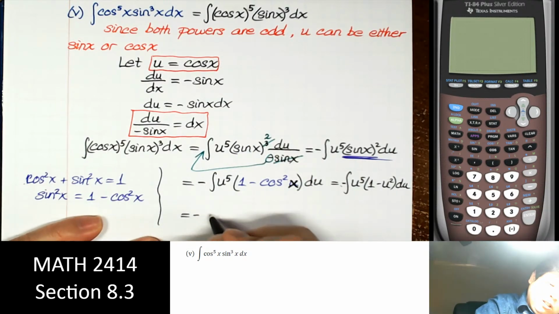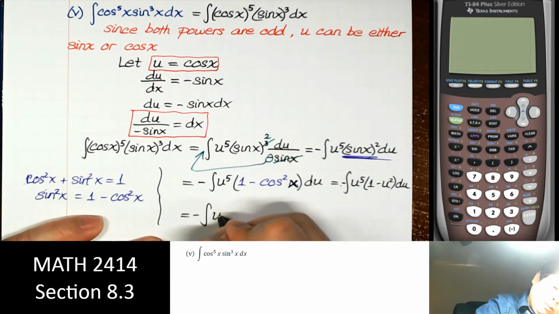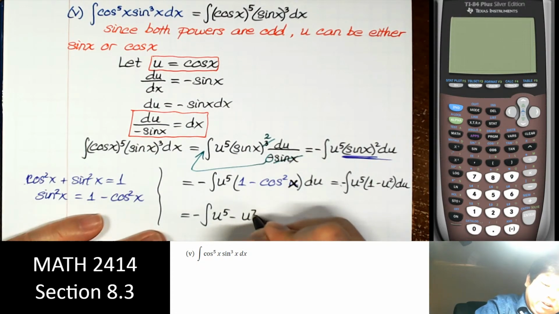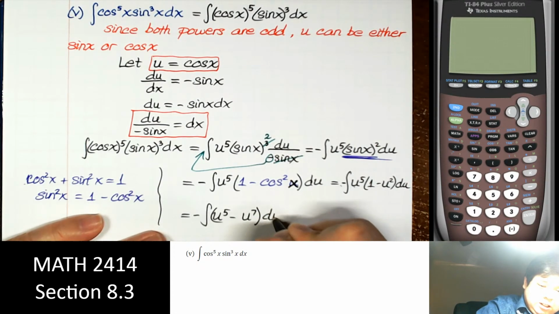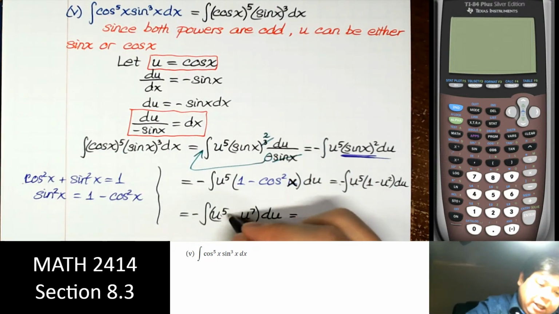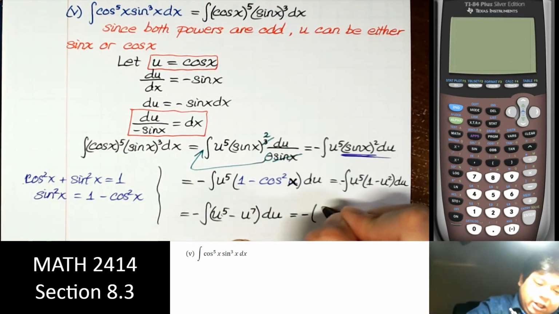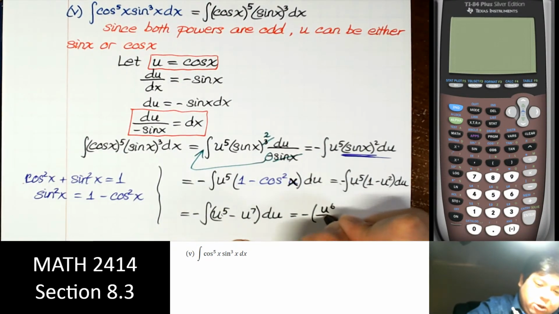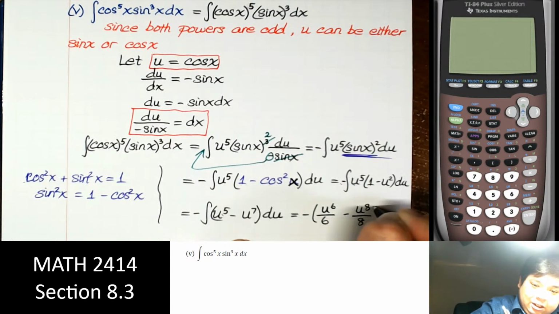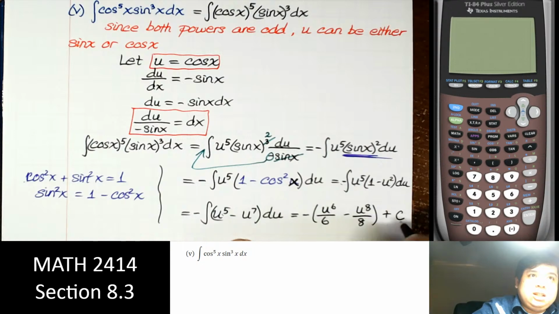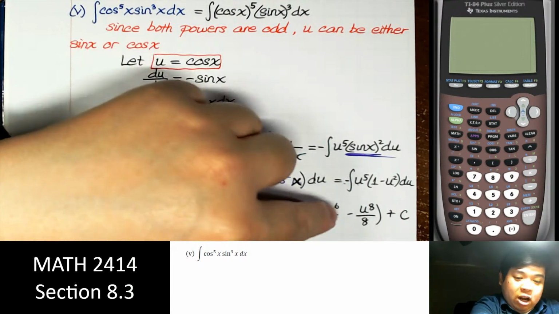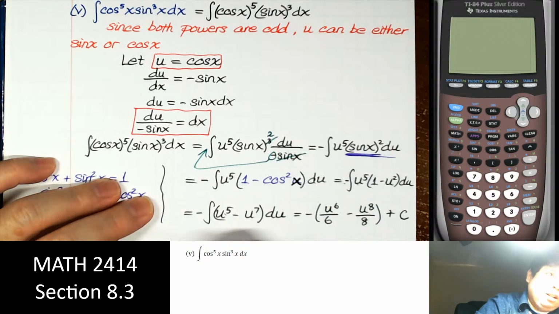Multiply it out: u to the fifth minus u to the seventh. And so the integral will be u to the 6 over 6, minus u to the 8 over 8, plus c. And then we just substitute back cosine of x, and that's what we have.